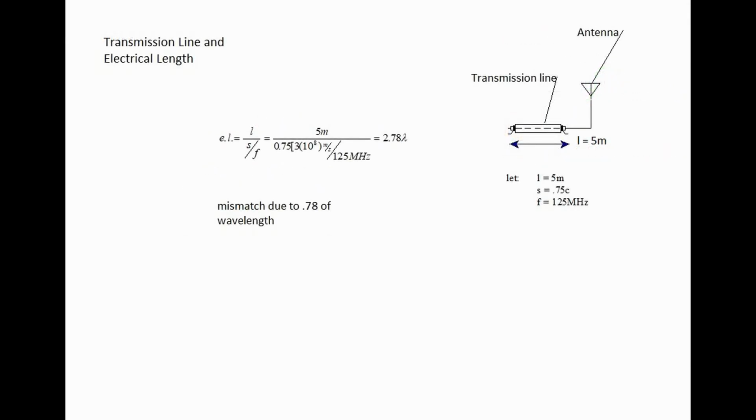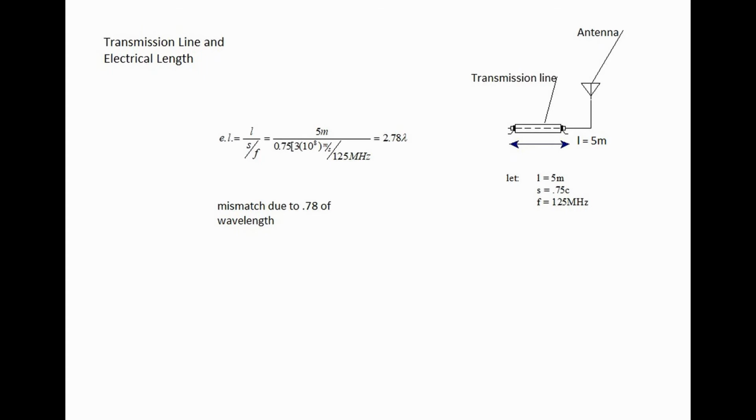The purpose of the electrical length is to see if the transmission line is of the right size to accommodate the signal that we're trying to transmit. In this example, let's say we have a frequency of 125 megahertz, and we notice that the speed now is less than the speed of light, in this case 0.75 c.